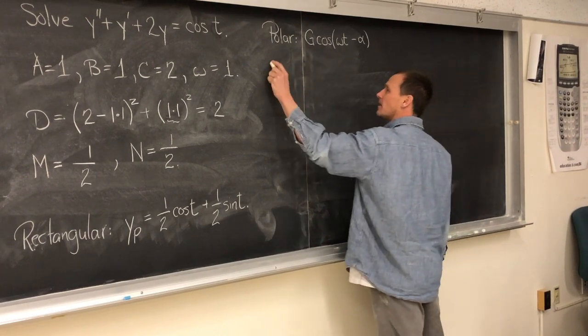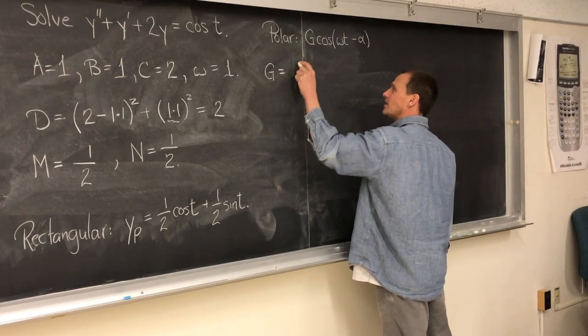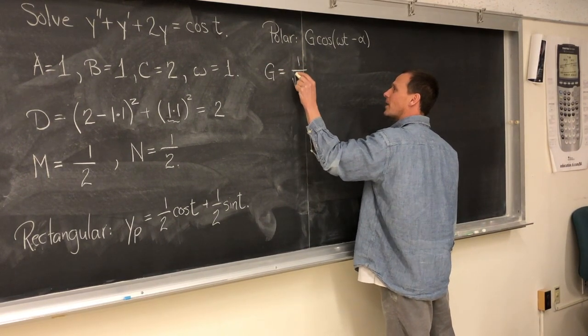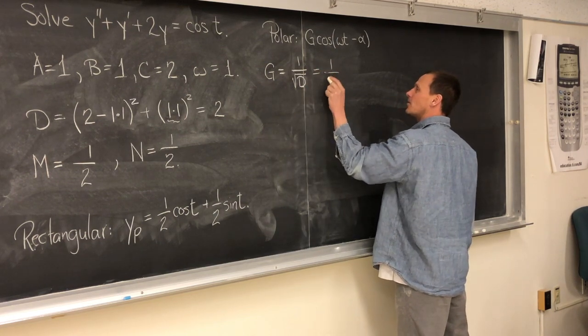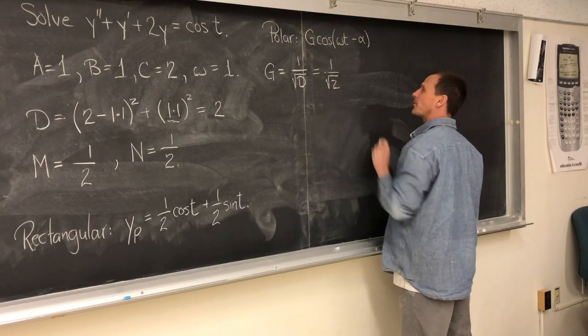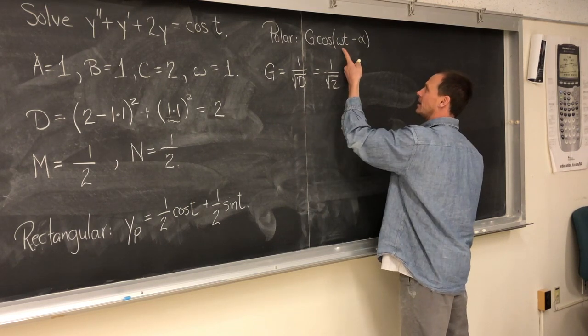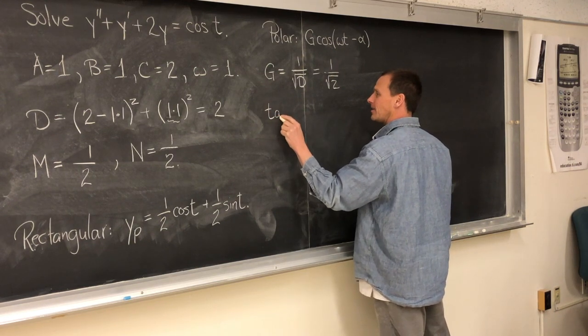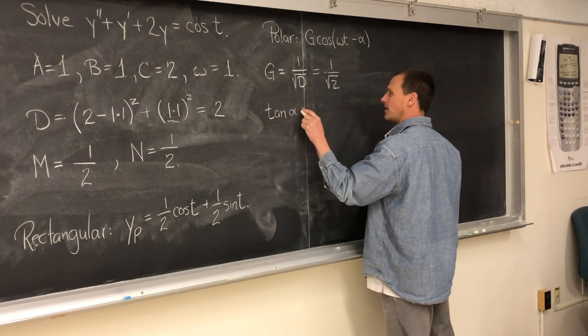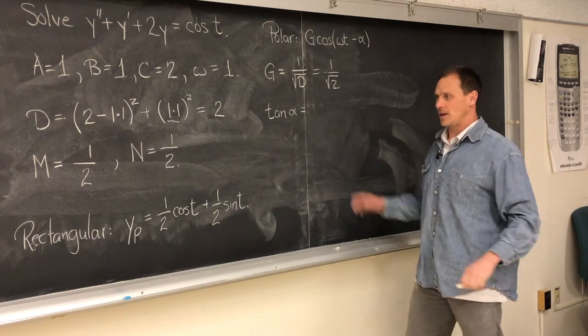G is 1 over the square root of D. D is 2. 1 over square root of 2. We know omega is 1. Alpha is the tricky one, but not so bad. That's just the tangent of alpha is equal to, it's right here.